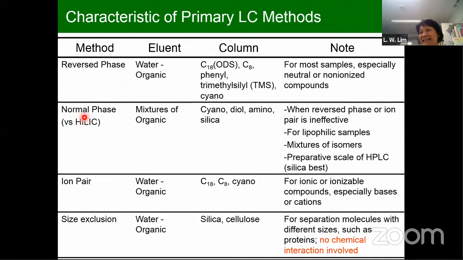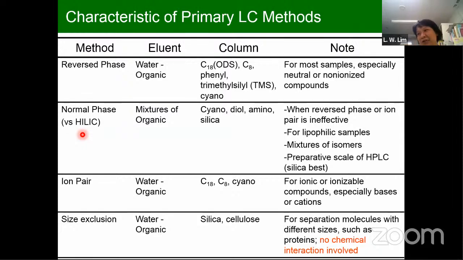It just happened that the first one was silica, so we call it normal phase. And partition actually involves these two, normal phase and reverse phase. And in some cases, we call it HILIC. Some people say it's normal phase, but I don't think it's normal phase because we use a different solvent.